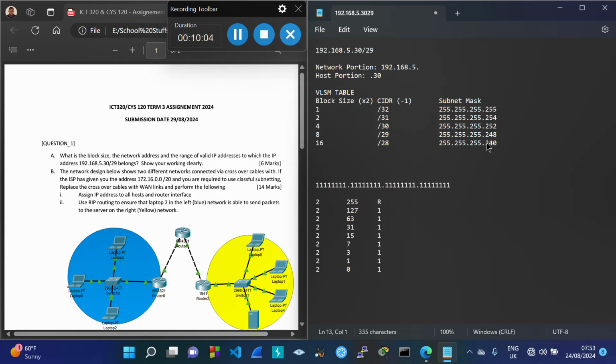Okay, and then 16 times 2, which is 32. So 28 minus 1, which is 27. And then let's say 240 minus 16, which is 224. And then 32 times 2, which is 64. 27 minus 1, which is 26.